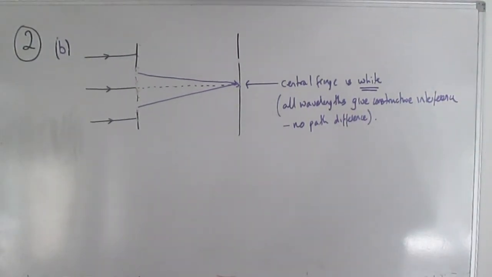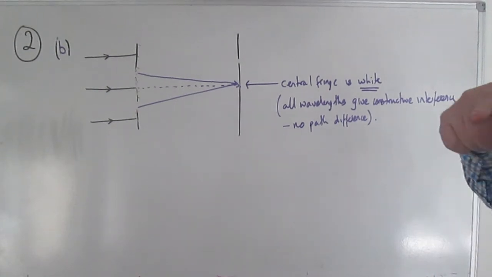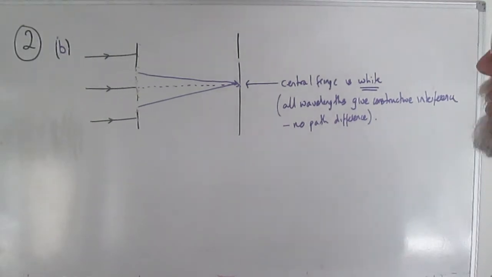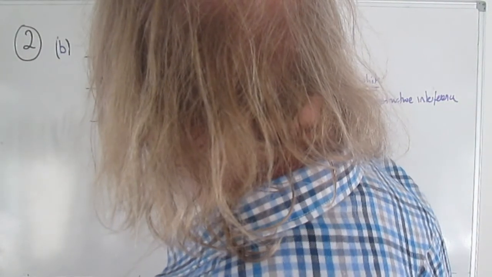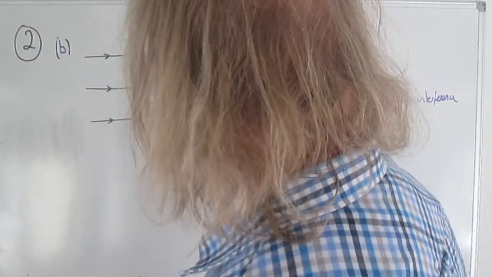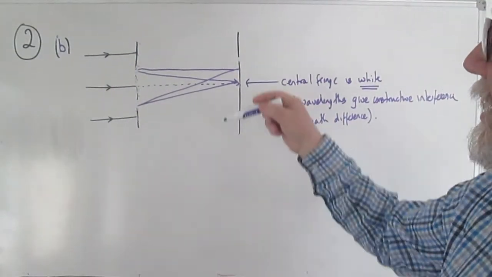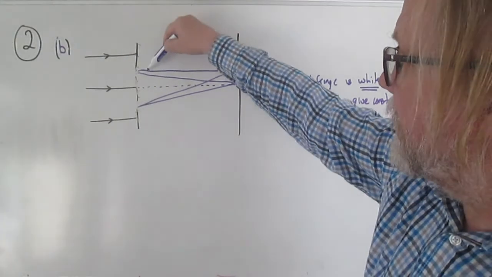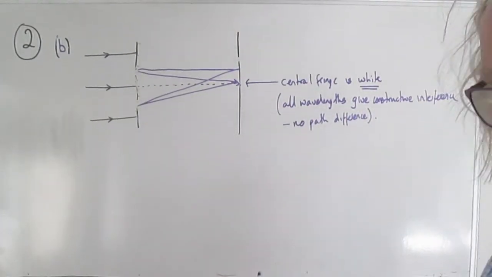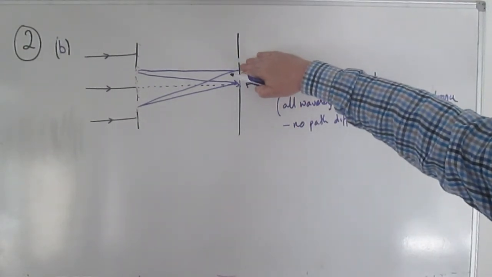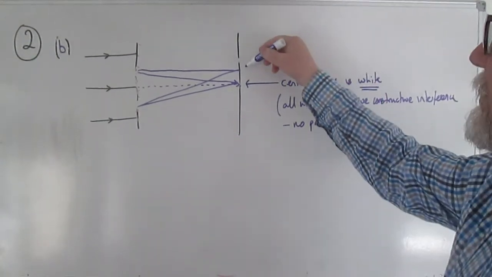Now if we go out to the side and ask, what about the next fringe out? Well, the next fringe out will occur where there is a difference of one whole wavelength between the path length from one slit and the path length from the next. So if it was, say, over here somewhere, these would now be the two path lengths, and obviously this one is longer than that one, but if the difference is one wavelength, then they're still going to arrive in phase at this point, so you're still going to get constructive interference.